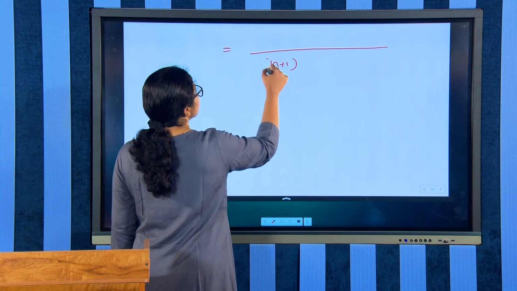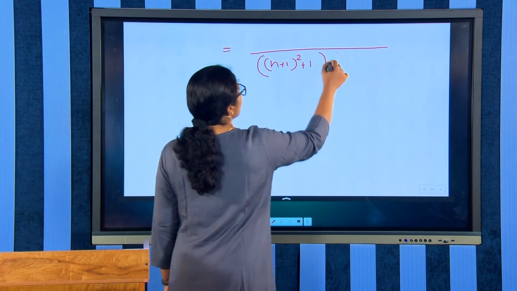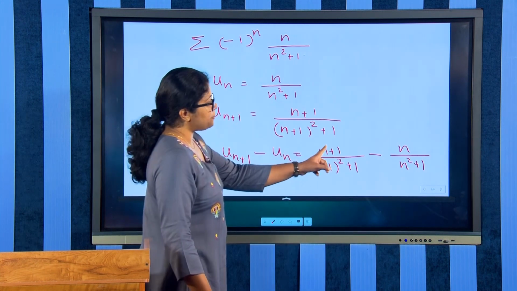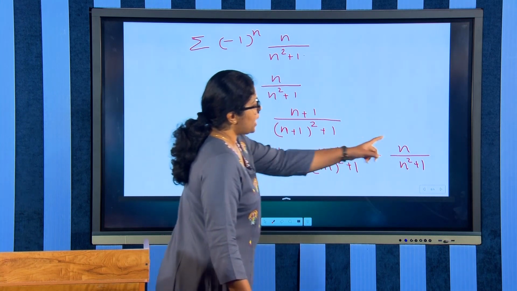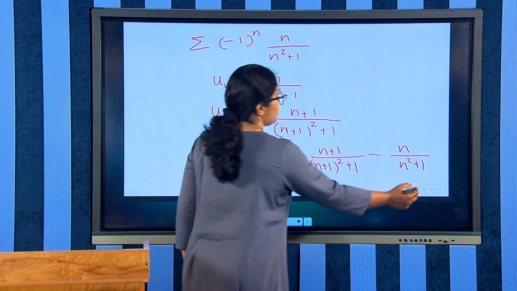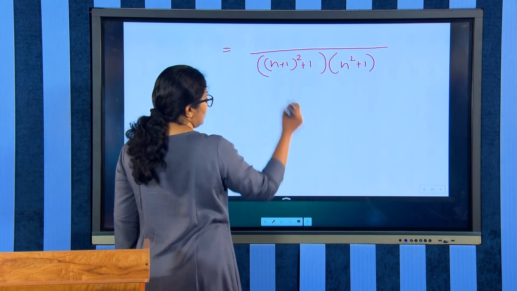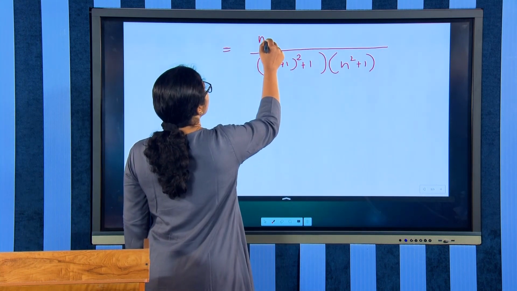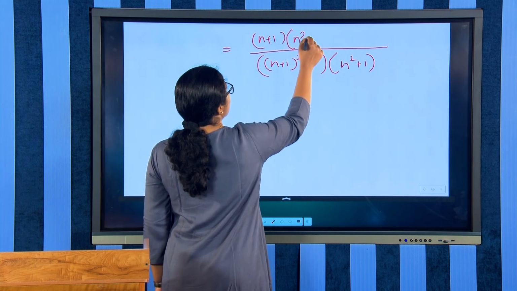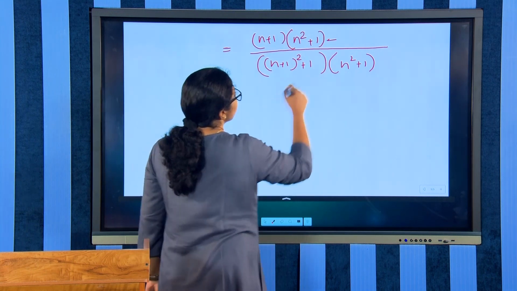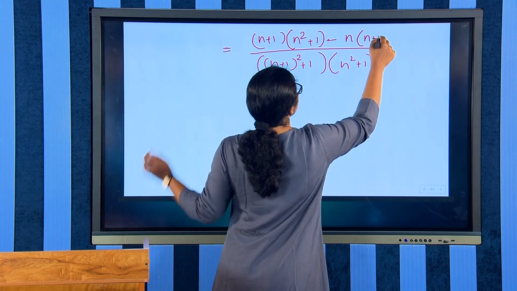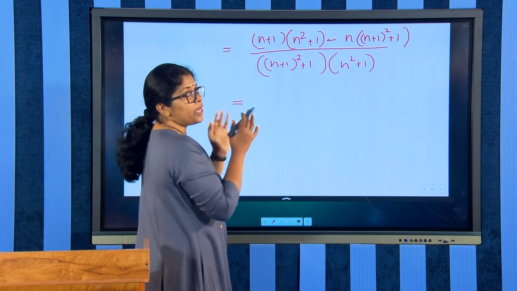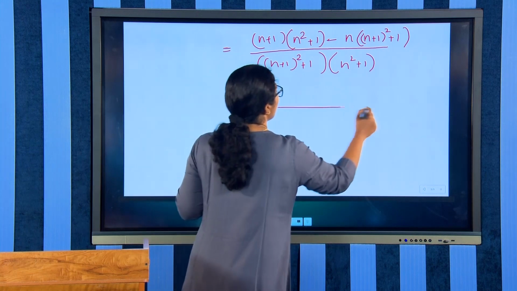the denominator n plus 1 the whole square plus 1 into n square plus 1. The numerator will be n plus 1 multiplied by n square plus 1 minus n multiplied by n plus 1 the whole square plus 1. When you simplify these terms, you can see that the denominator remains the same.